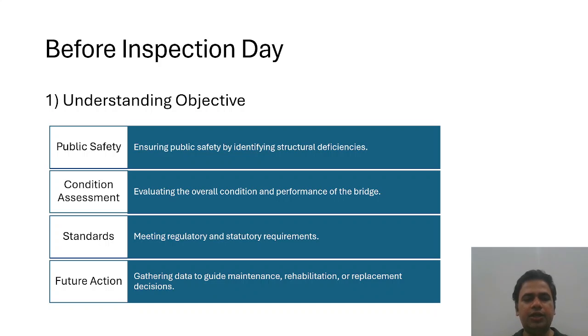Third, we have to meet certain regulatory and statutory requirements. And fourth, the data we gather through this inspection will help us guide maintenance, rehabilitation, and replacement decisions, which we need to take in future in order to maintain our roads and bridges in a proper way.